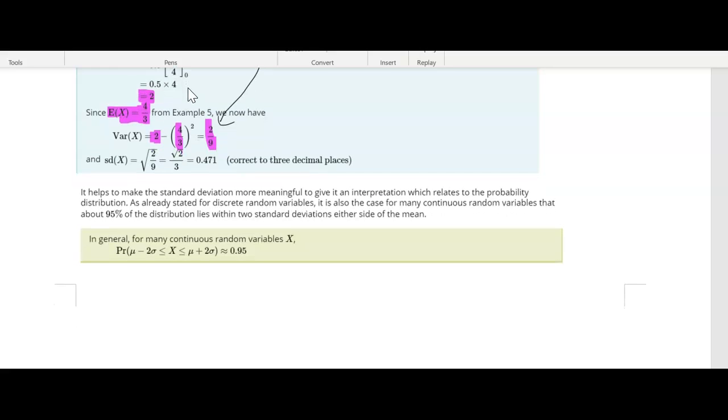All right, just the same with discrete random variables when we're looking at 95% of the values. Remember, 95% or 0.95 of the values are between 2 standard deviations from the mean.